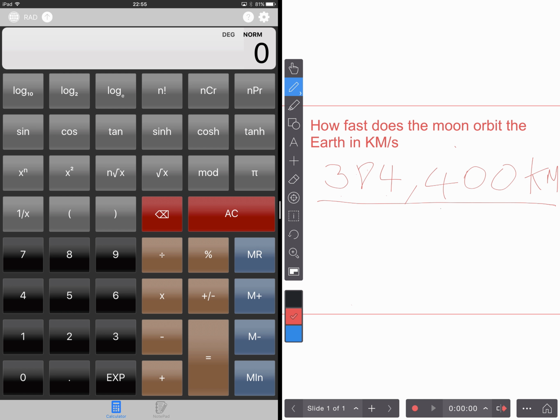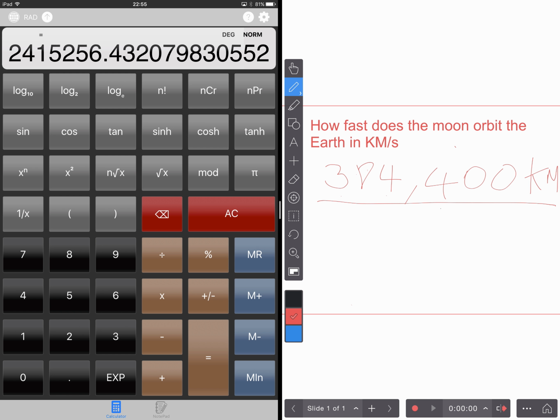We know that to work out the circumference, we do 2 times pi, and then multiply that by 384,400. There we go, and we press enter. And there's our answer.